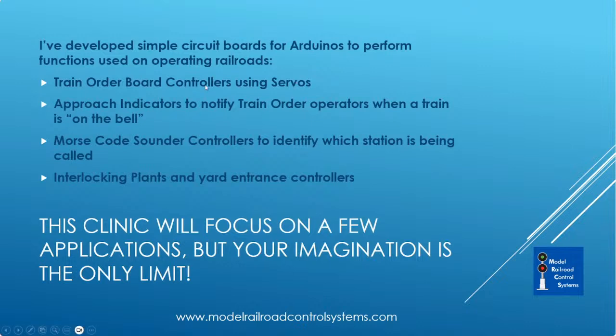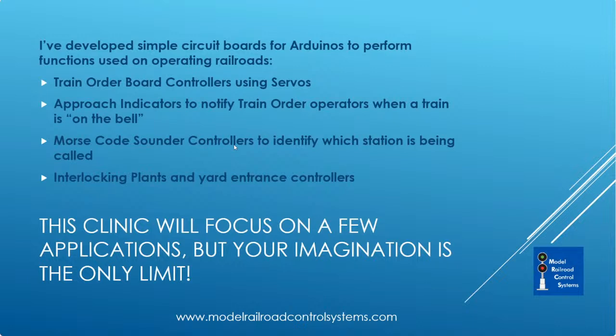We need to control train order boards if we're going to be handing out orders on a timetable and train order layout. Similar circuit would be good for a very simple automatic block signaling system with semaphores. We might want approach indicators to notify the train order operators when a train is approaching, or on the bell. Ding.